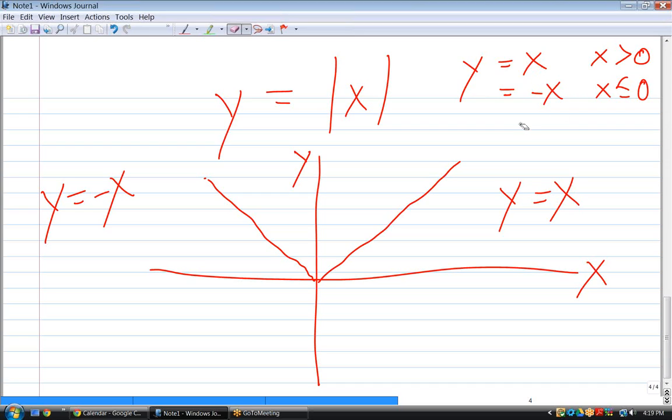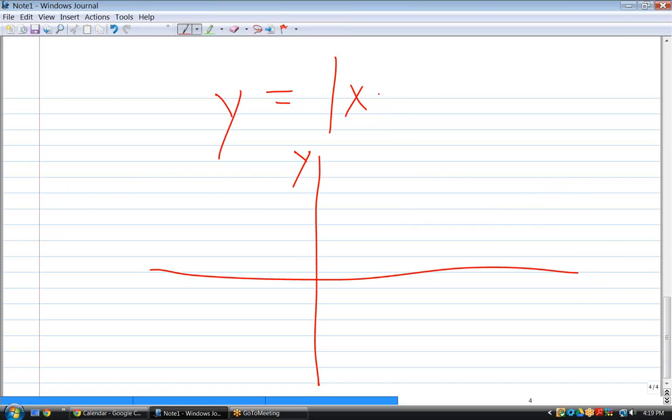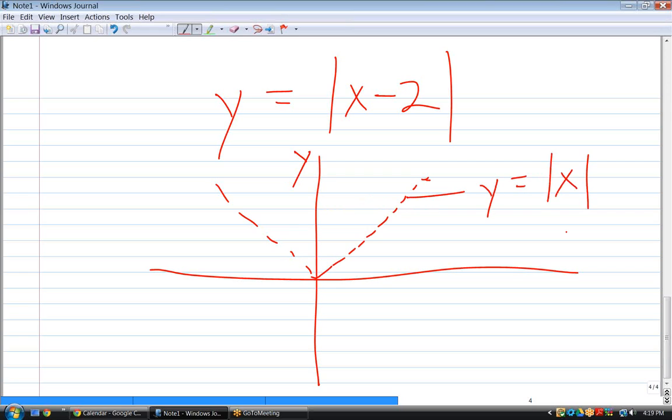All right. Now, if I do something inside the absolute value sign, for example, well, how does that differ from y equals x? In other words, I know that y equals x looks like this. So y equals absolute value of x looks like that.